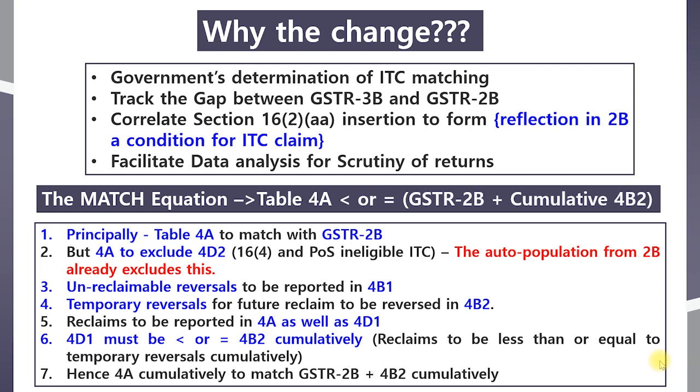If this is ensured, I'm sure we can all rest assured that what has traveled to my electronic credit ledger through 4C is only the eligible credit. So this formula is critical here.